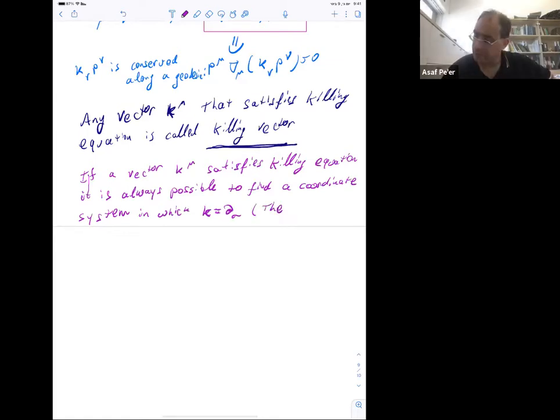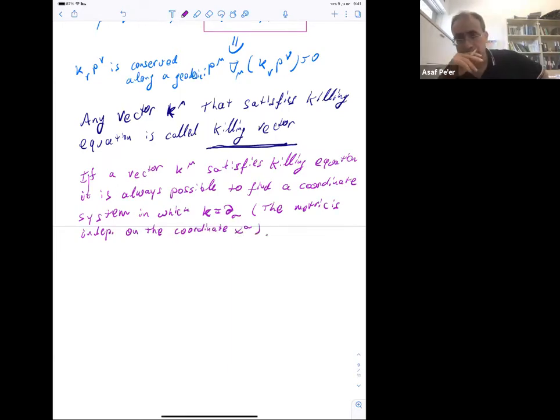The metric is independent of the coordinate x sigma. And if you want to prove that, just follow exactly, just reverse back what we just did.